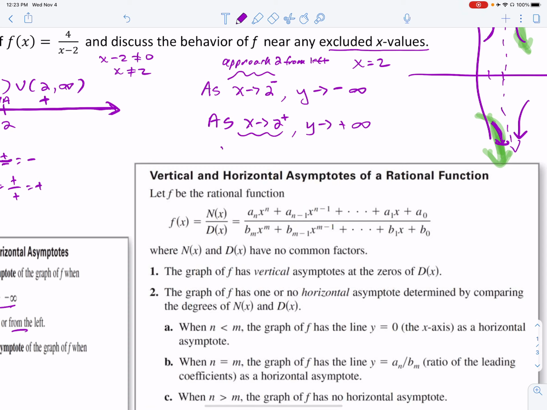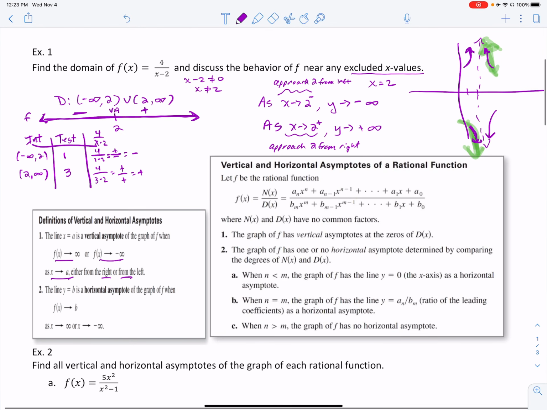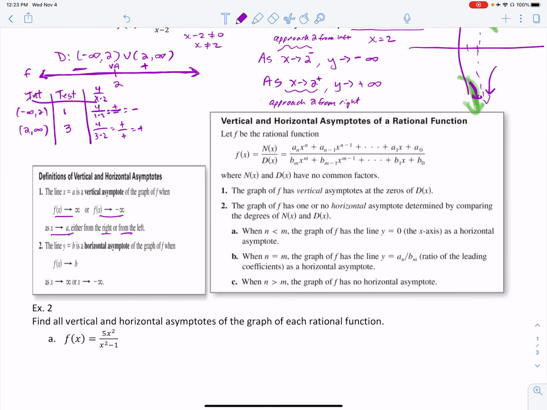And this right here means approach 2 from the right. And notice that the end result was y is either going to positive infinity or negative infinity. That's what always happens with a vertical asymptote. On either side, y is either going to positive infinity or negative infinity. And that's what this is describing in number 1.